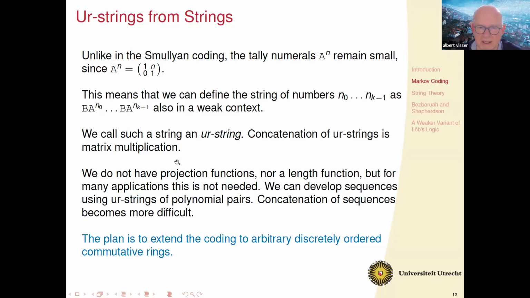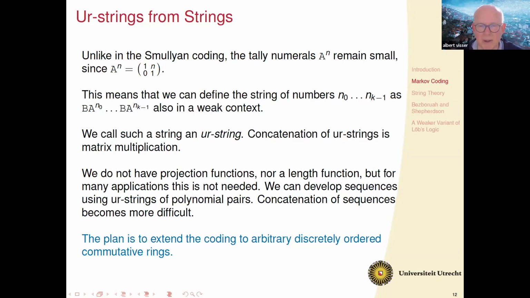It's not defined with a length function, but it is defined with projection functions, and the length function has to be imposed from outside. So the Ur strings do not have all these things, right? They are really something like multisets of these numbers, but then ordered. So what you have given is the numbers and the order of the occurrences, but not the places, no numbers for the places where the things are.